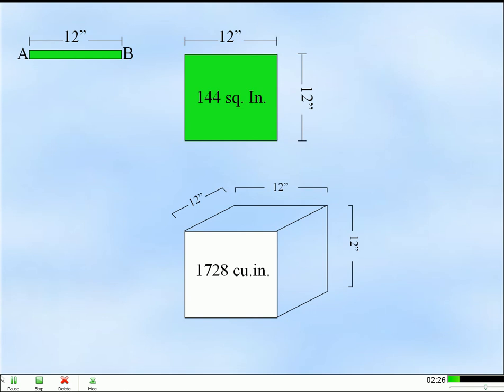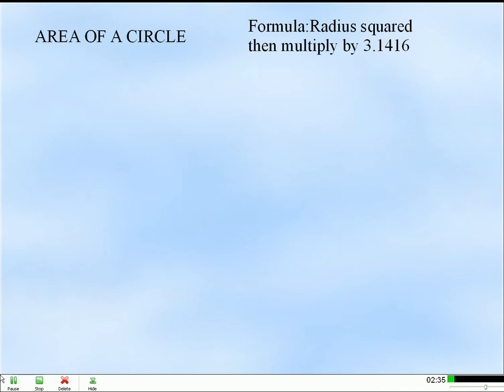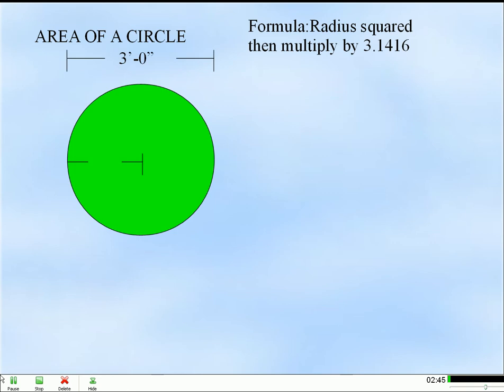To find the area of a circle, calculate the radius, 1/2 of the diameter, square it, multiply it by itself, then multiply it by 3.1416. As an example, say we have a circle that has a diameter of 3 feet. To find the area it contains, first divide the diameter in half, in this case 18 inches, to calculate the radius.